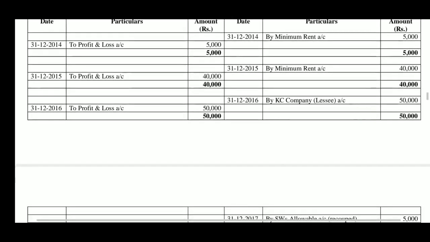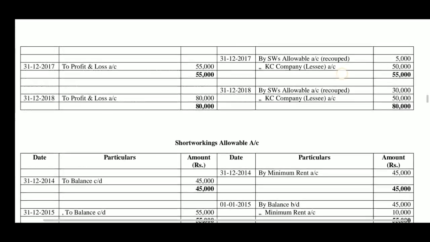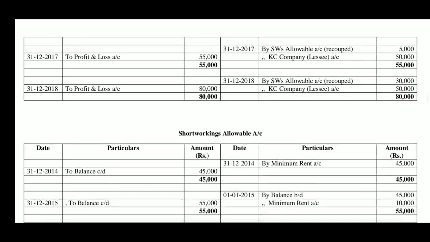And in the years 2017 and 18 also, here since there is surplus royalty, to the extent of surplus royalty, lessor has allowed the lessee to recoup the short workings. Therefore, short workings allowable account is debited and balance royalty is debited to KC company, that is lessee.